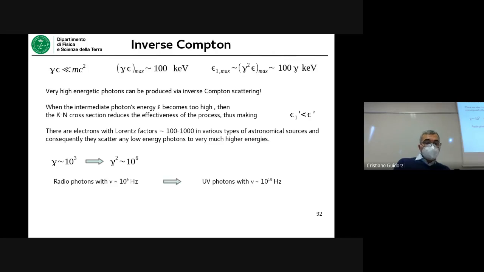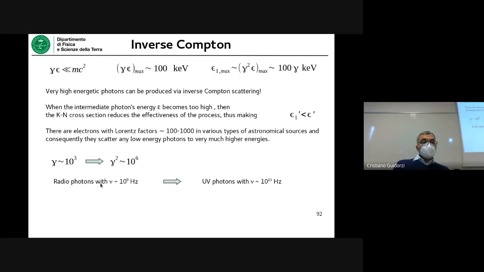So for example, if you consider radio photons, with a frequency of the order of 10 to the 9, so the gigahertz, and these photons are upscattered by the electron, then again, a gain of 10 to the 6 means a frequency of 10 to the 15.